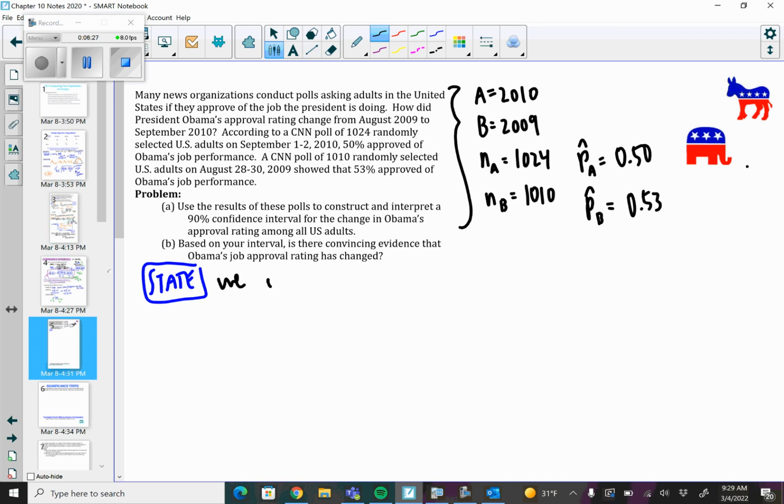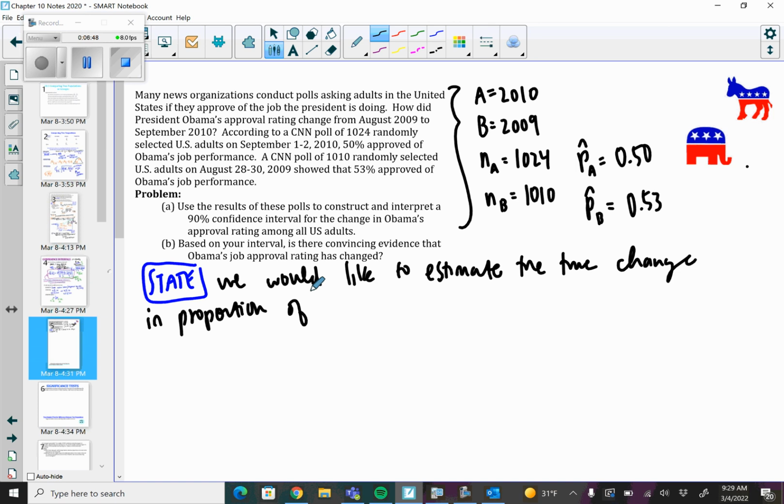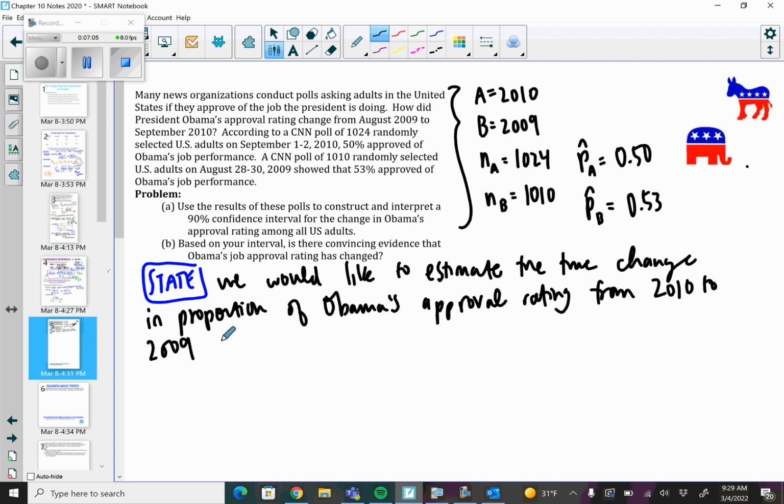We would like to estimate the true change in proportion of Obama's approval rating from 2010 to 2009 with 90% confidence, where, and now we need to define our parameters.